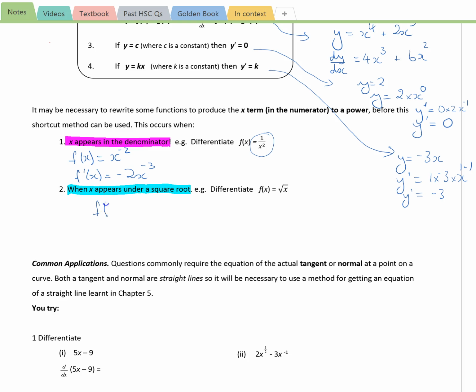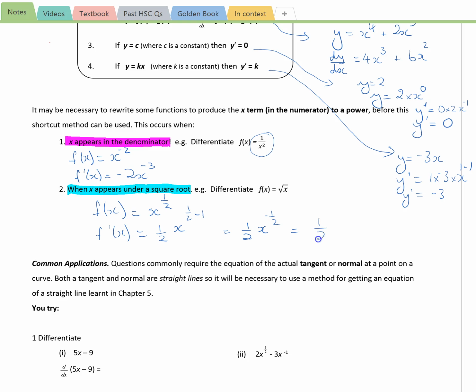It's possible to rewrite this f of x as x to a half. Square root is x to a half. That's why we've just revised indices. And now it's in a format such that I can bring the power to the front and subtract 1 from the power, which gives me a half x to the power of subtract 1, which is minus a half.